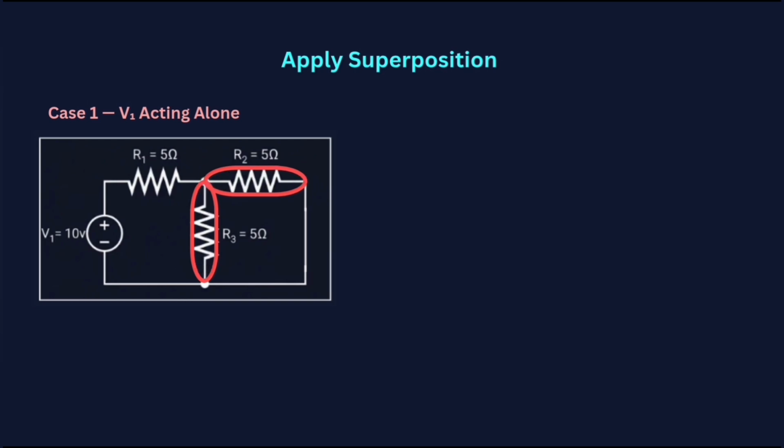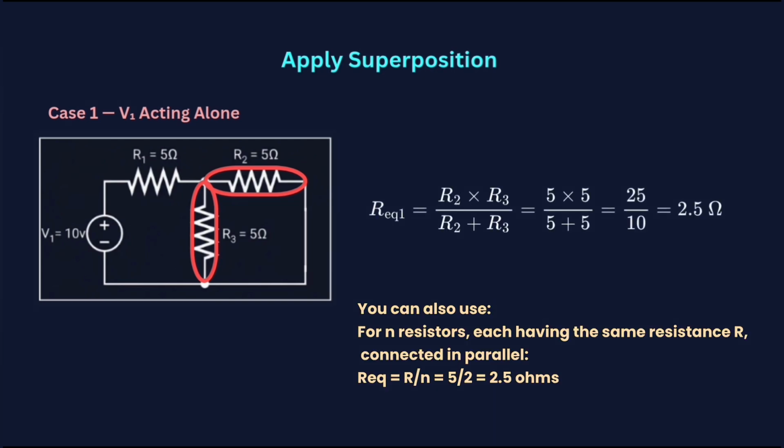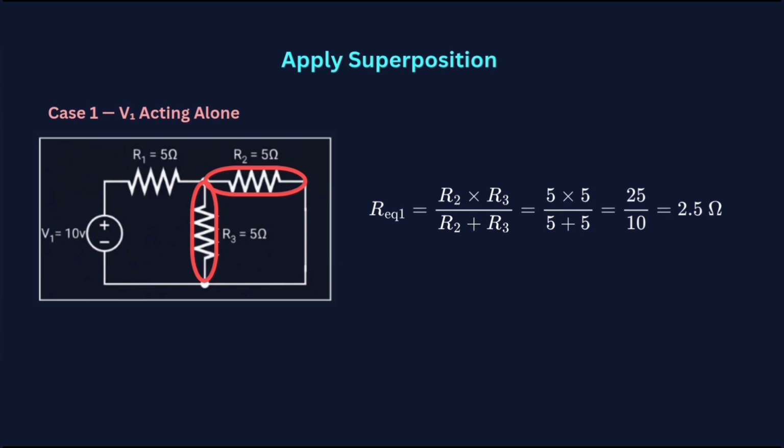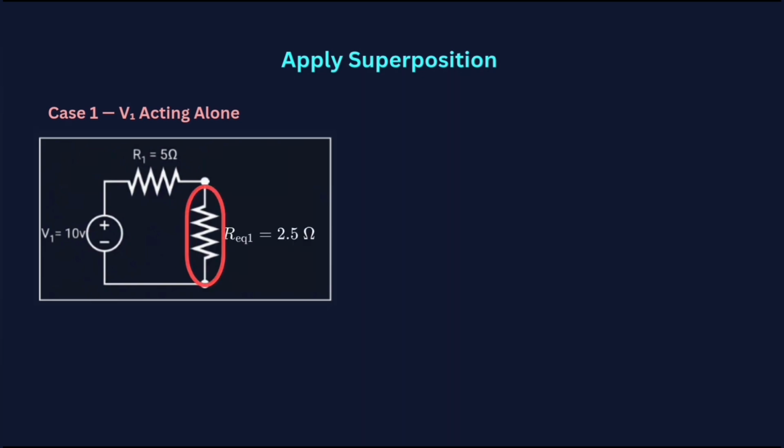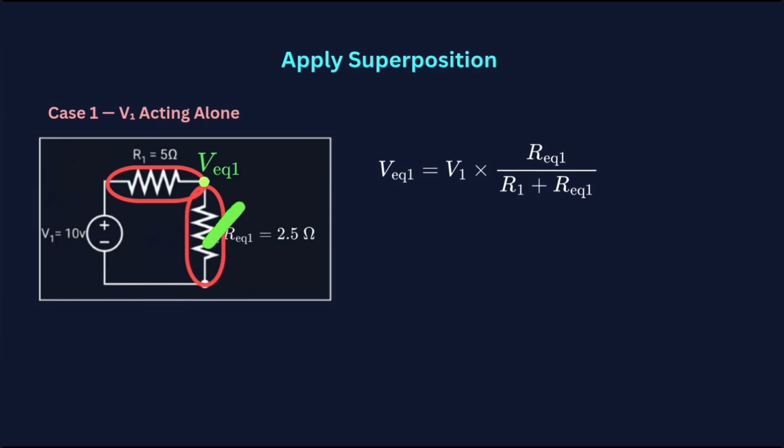That is why we first combine R2 and R3 into their equivalent resistance using the formula R2 times R3 divided by R2 plus R3. From that we obtain the equivalent resistance as 2.5 ohms. This equivalent resistance is in series with resistor R1. So now we can use the voltage divider rule to find the voltage across this parallel combination.